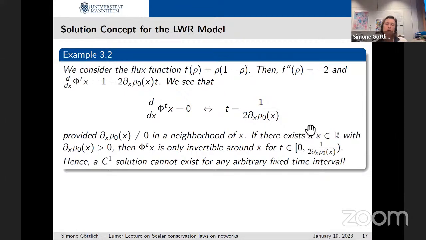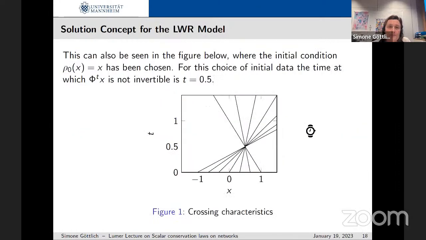So what should we learn from this example here? I'll show you a picture in a minute. We see that a C1 solution cannot exist for any arbitrary fixed time interval. So the assumption we put on our density rho is too strong, since, as we will see, the characteristics will cross and the solution may collapse.